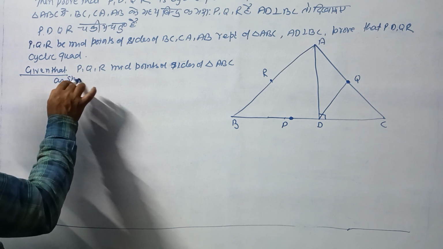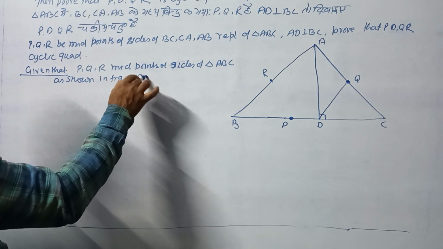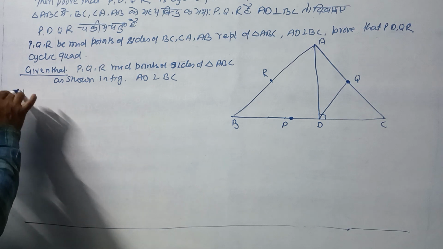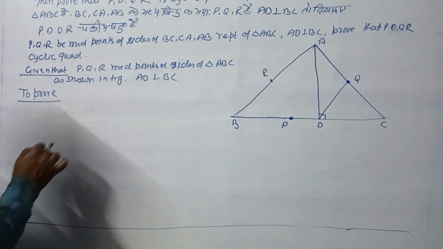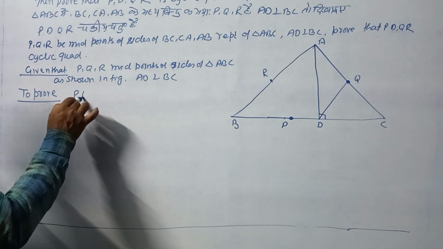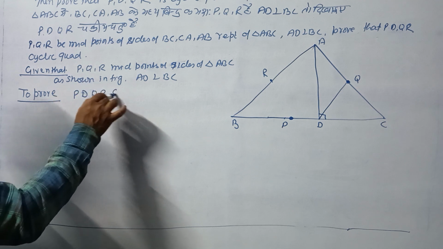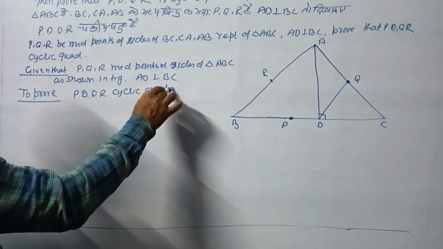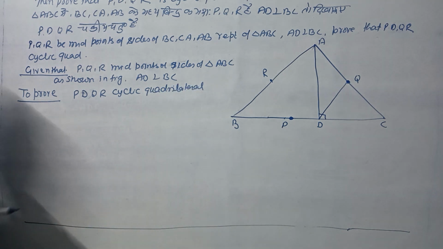I show you in the figure AD perpendicular to BC. To prove, we need to prove that P, D, Q, R are cyclic quadrilateral. Okay? Prove.